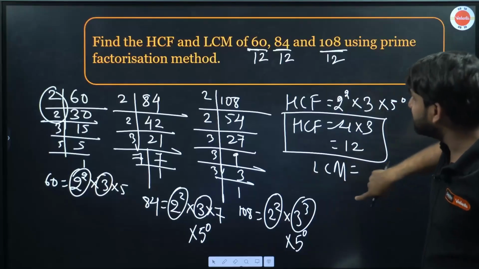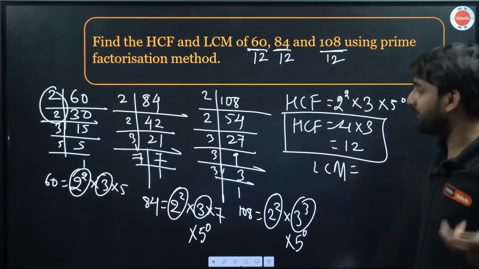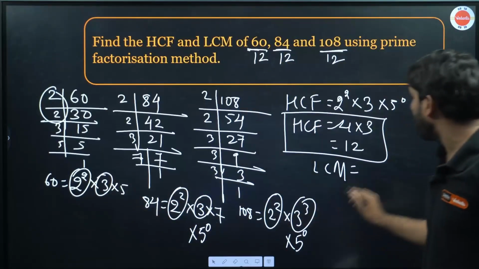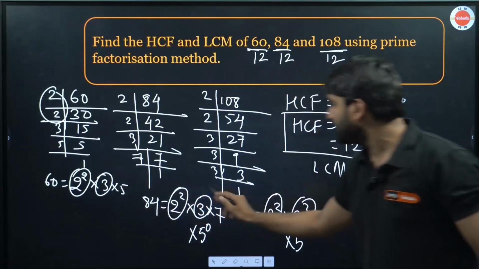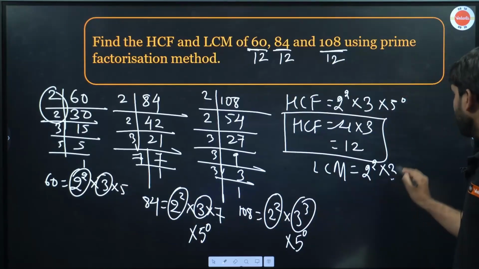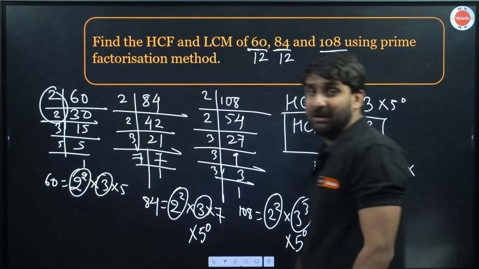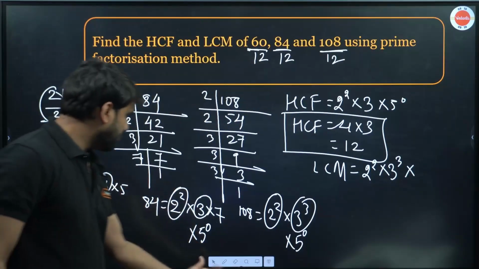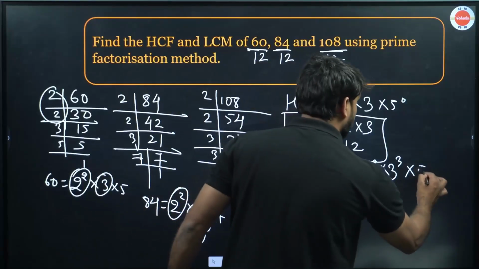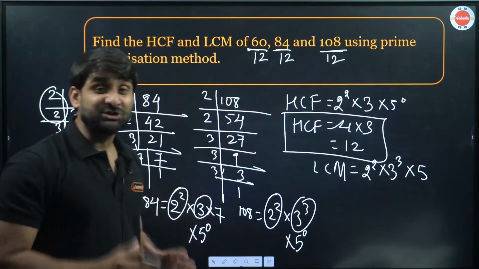So for LCM, we always take the highest power. So 2 to power 2, 2 to power 2 common, so 2 to power 2 will come. Right, if we talk about 3, 3 to power 1, 3 to power 1, 3 to power 3, which will come? 3 to power 3 will come, because we are finding out here LCM. Now if we talk about 5, 5 to power 1, 5 to power 0, 5 to power 0, so 5 to power 1 will come, because highest power. Why?